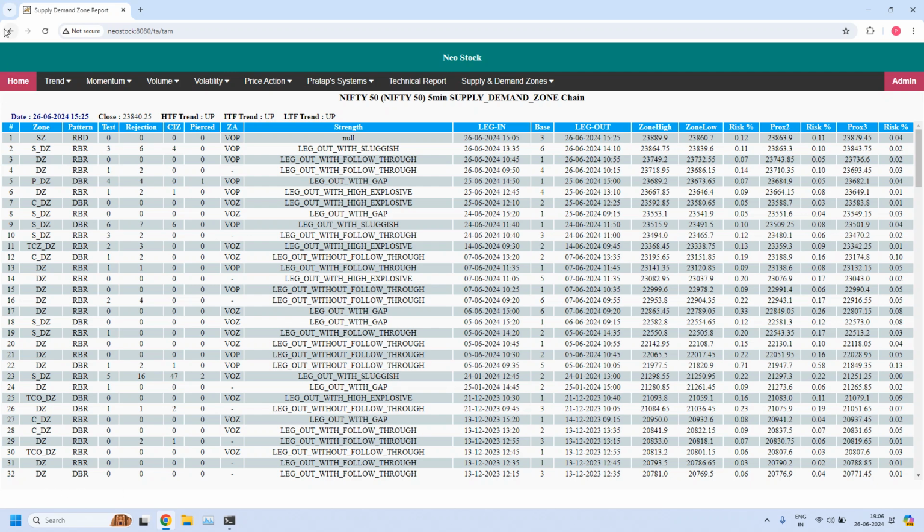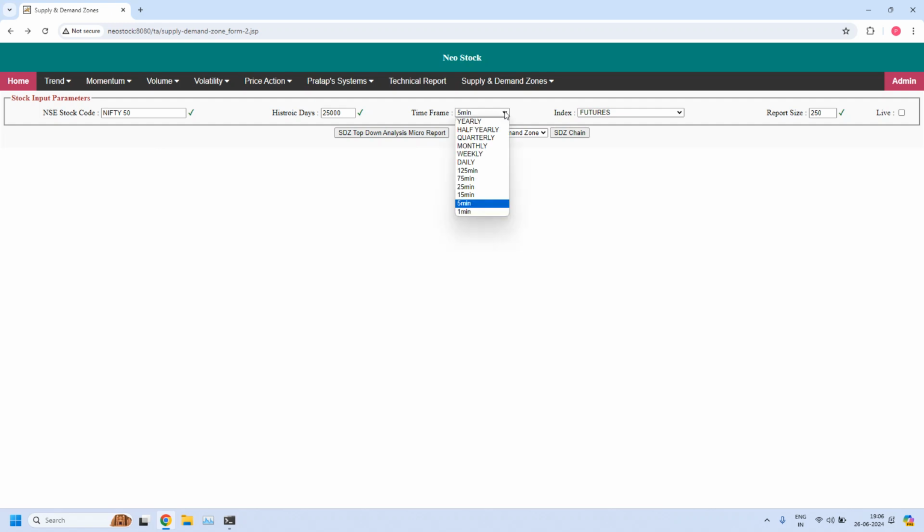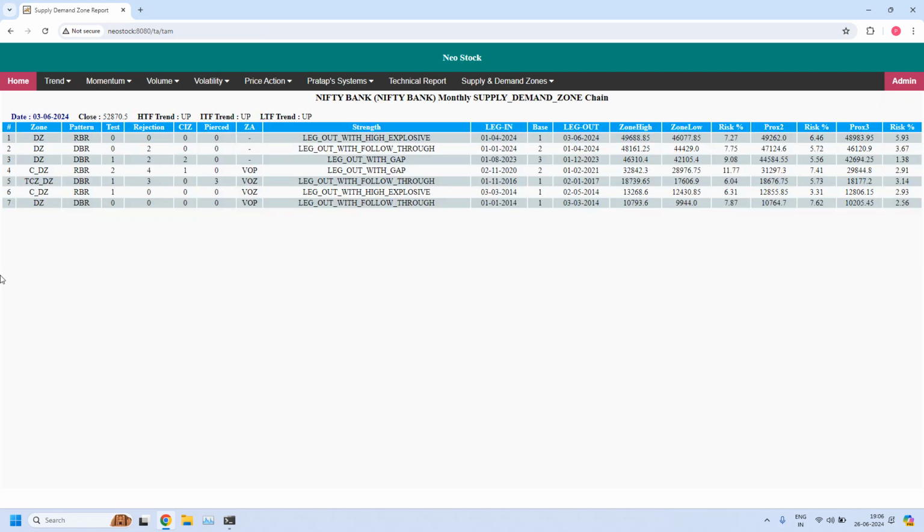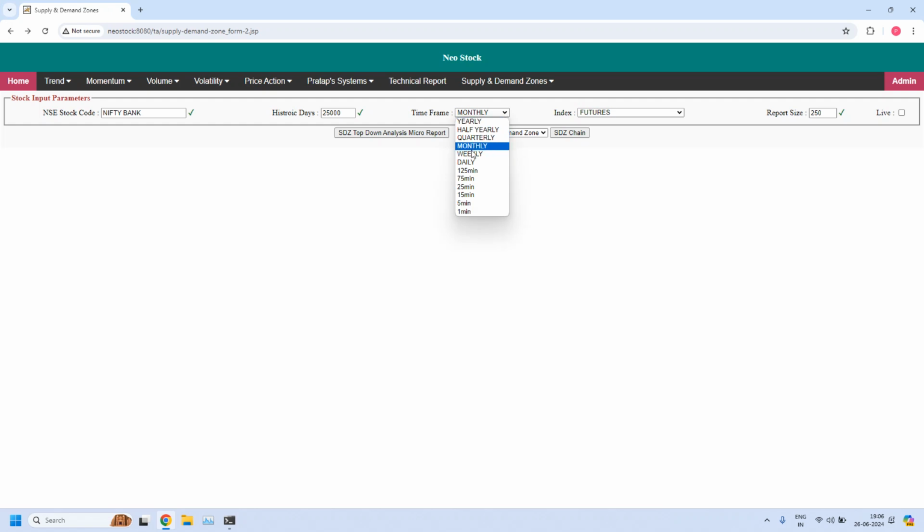Now we will generate for Bank Nifty starting from the monthly time frame. So I am generating the Bank Nifty monthly supply demand zone chain. Okay, next time frame, weekly time frame, I am generating the supply demand zone chain.